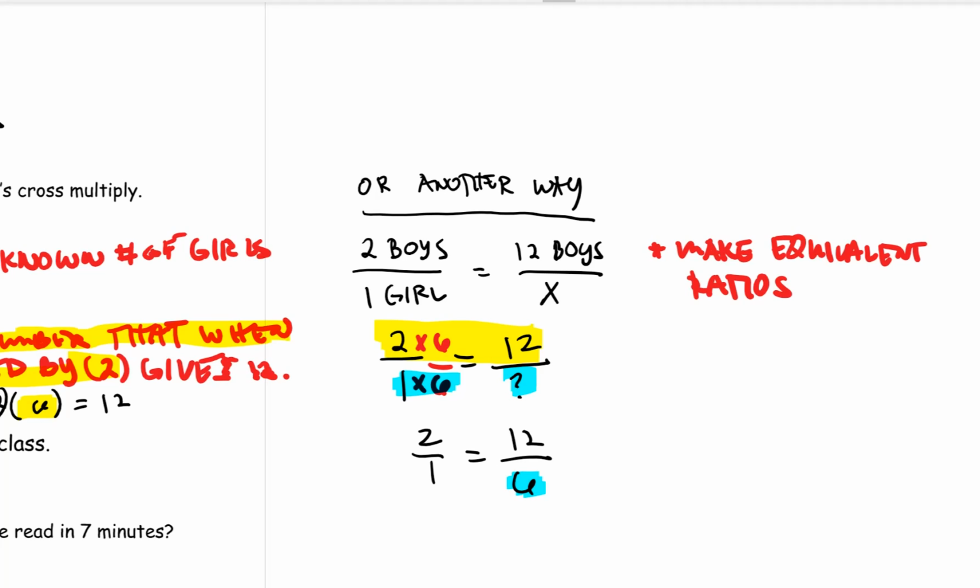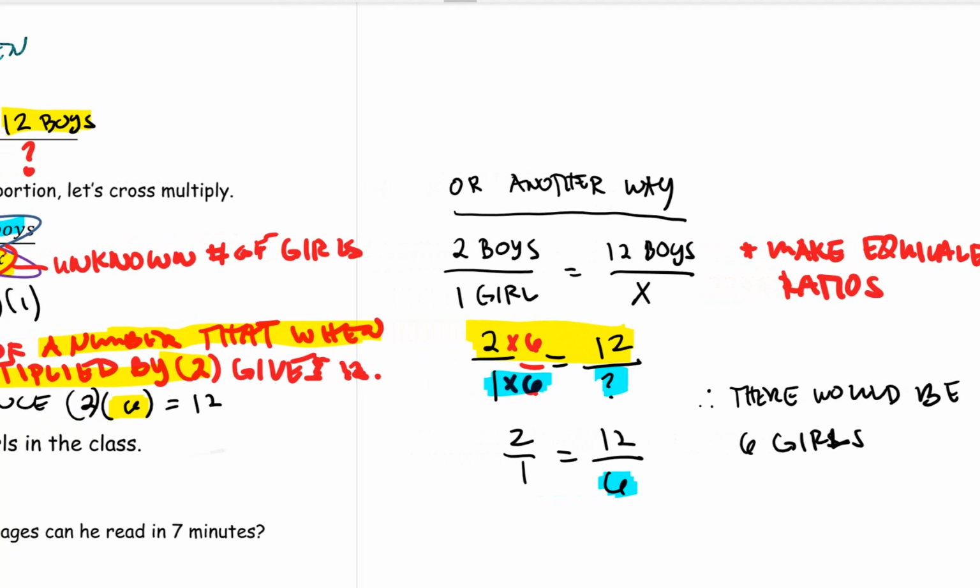Remember that if we multiply the numerator and denominator by the same number, it doesn't affect the whole thing. It gives us the equivalent ratio. So therefore, you would say there would be 6 girls in the class.